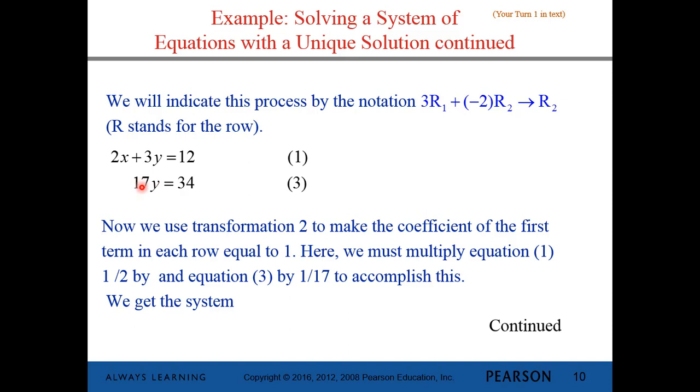Now we're going to use transformation 2 to make the coefficient of the first term equal to 1. So we want this to be 1. In order to make this equal to 1, we're going to multiply everything by 1/2. That means we're going to get x plus 3/2 y is equal to 6.